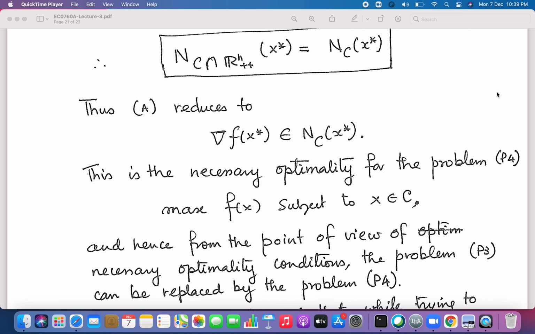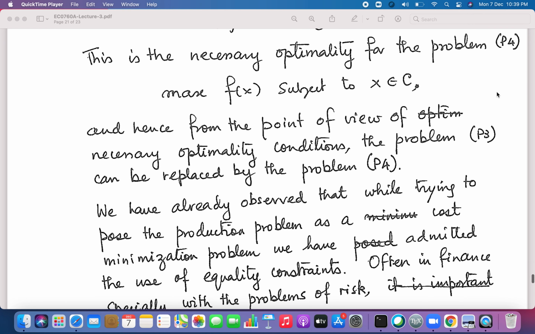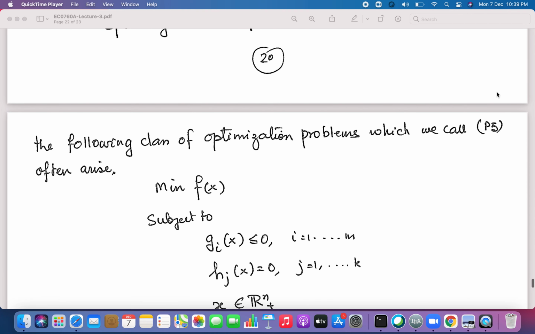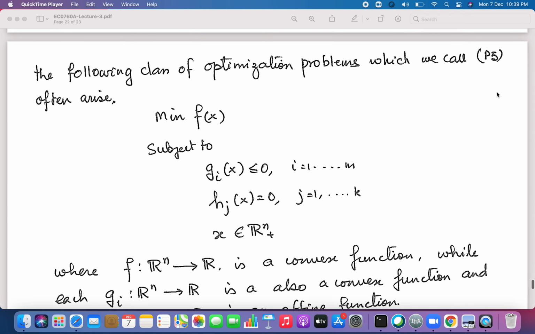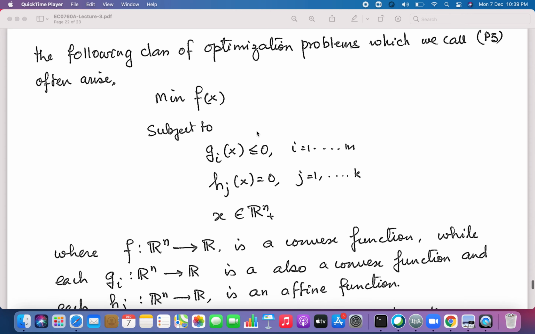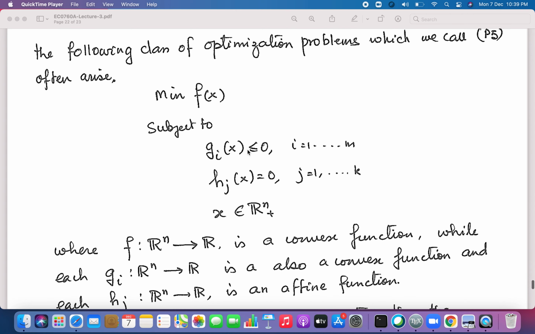From the point of view of optimality conditions, just keep the closed set, forget the open set. That's the idea.